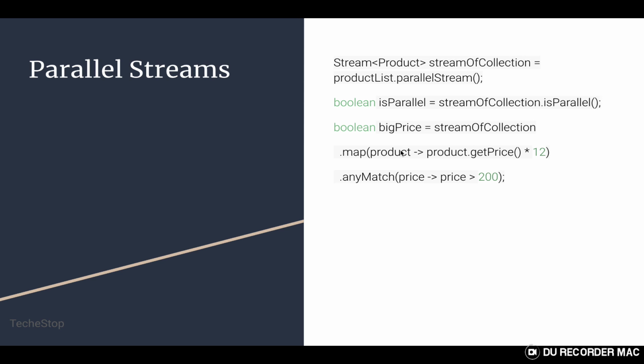And when we execute any pipeline, those operations are performed in parallel. It creates subsets of the input source elements, and for each subset it performs all those pipeline operations, and the results of all these subsets are then combined to generate the final result.